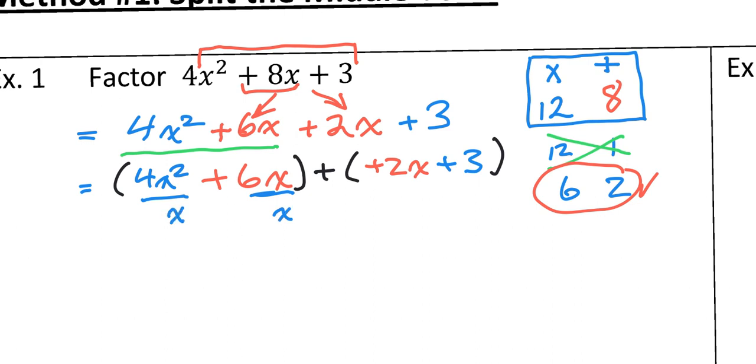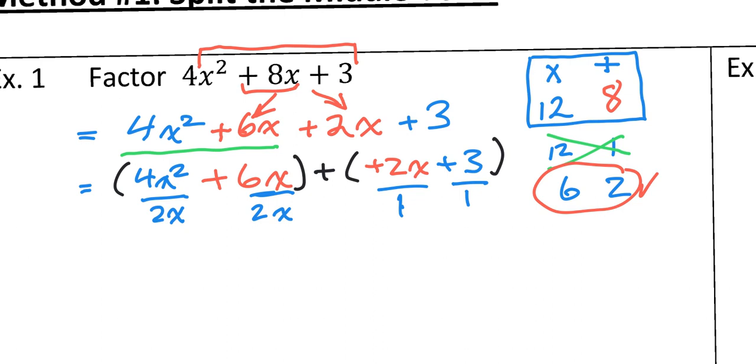Also, if you look at the 4 and the 6, both can be divided by 2. So now we divide both of them by 2. Now, let's take a look at the second bracket. Are there any variables that the 2x and the 3 have? There's nothing, there are no variables that both of them have. And there's no nice number that divides both the 3 and the 2 other than 1.